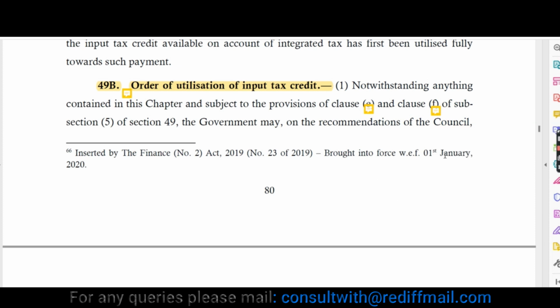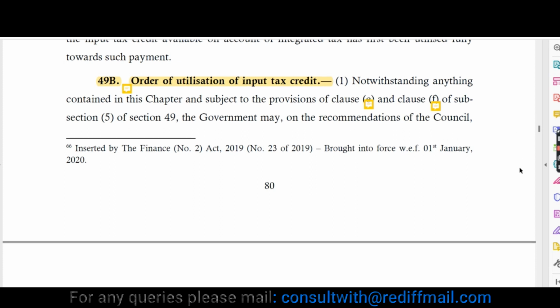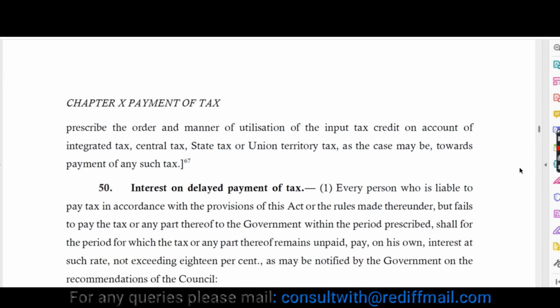And here, this Act has provided power to the government to make rules in this behalf. The government may, on the recommendations of the Council, prescribe the order and manner of utilization of input tax credit.